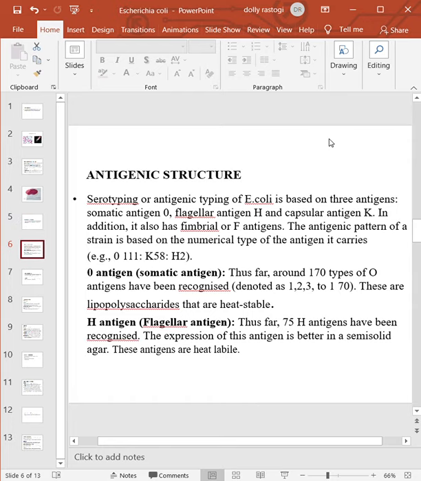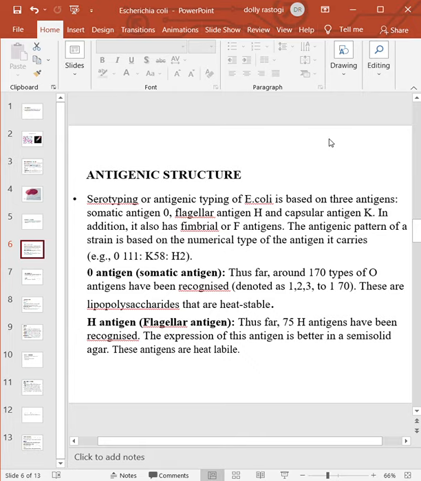Next is the antigenic structure. Antigenic typing of E. coli, or serotyping as we call it, is based on three antigens. First is the somatic or O antigen, second is the flagellar or H antigen, and third is the capsular or K antigen. Also there can be fimbrial or F antigens.